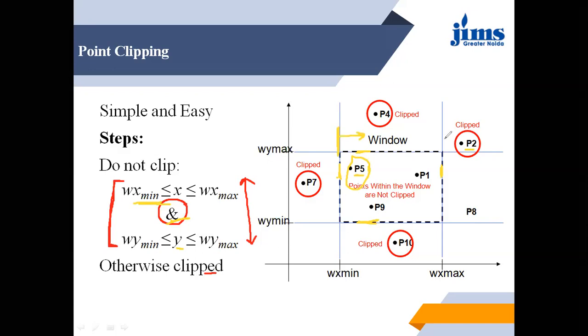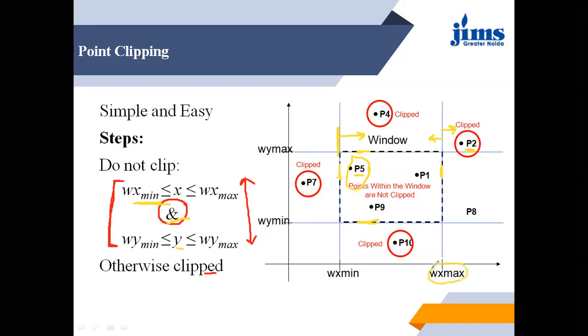When the value of the x coordinate is less than Wx max, then it is inside the window. But in this case, the value of the x coordinate is also greater than Wx max. So this is outside the window.